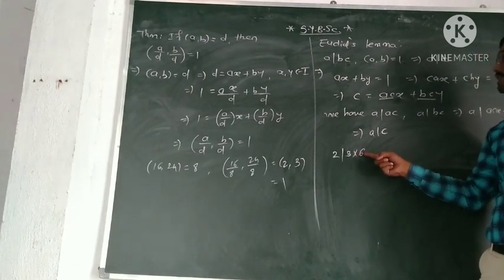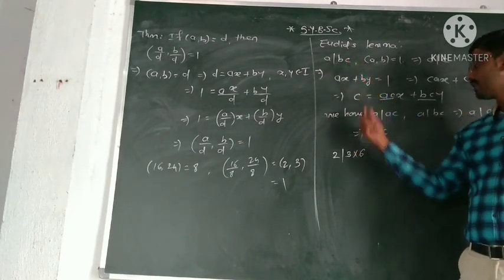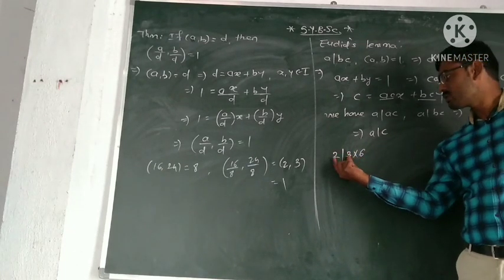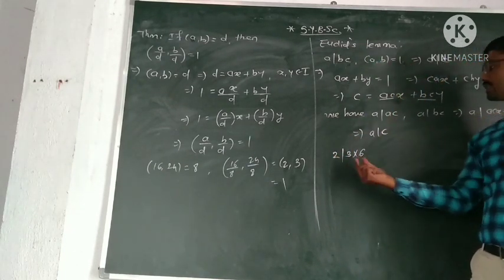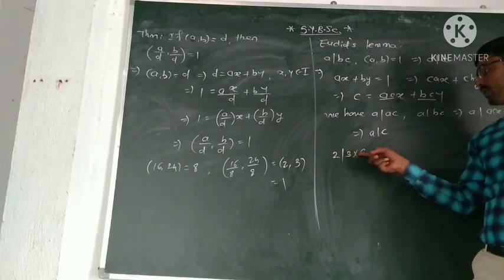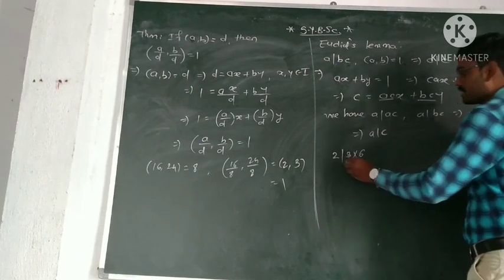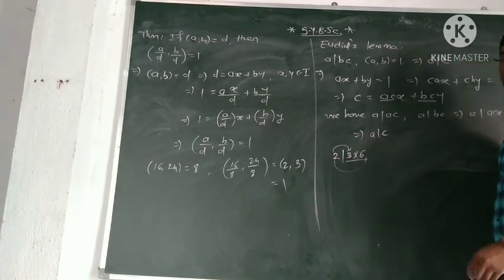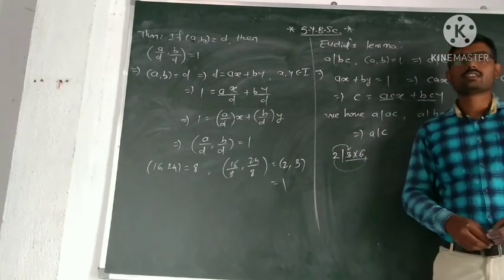So 2 divides 6. Here A divides B into C, and GCD of A and B is 1, that is, GCD of 2 and 3 is 1. So A must divide the remaining term. This is Euclid's lemma.